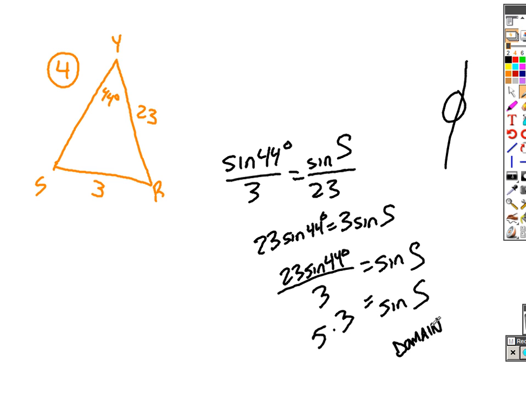If I did sine inverse on both sides, that will come up with a domain error. That's fine. Domain errors aren't a bad thing. But just note in the end that this triangle does not exist as it is written. And again, this can happen because we had a side-side angle to start with.